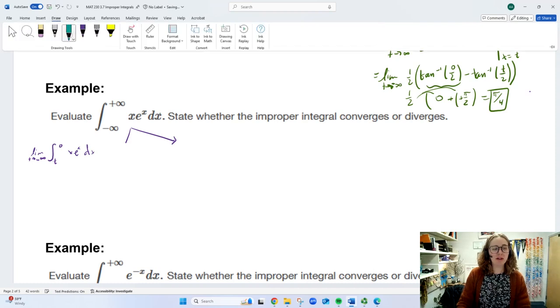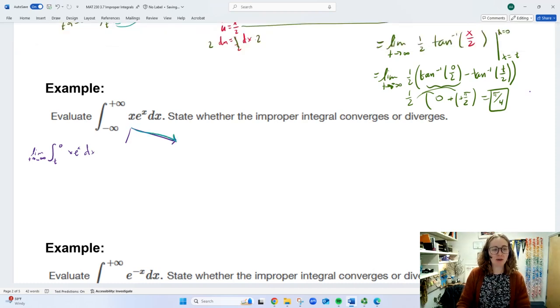And my other integral is going to be from 0 to infinity. Again, instead of infinity, I'm going to have a t, and then I'll take my limit as t is approaching infinity of this whole thing. Now we have a function where we can take our antiderivative, plug in 0, plug in t, and then discover what our limit is going to be.